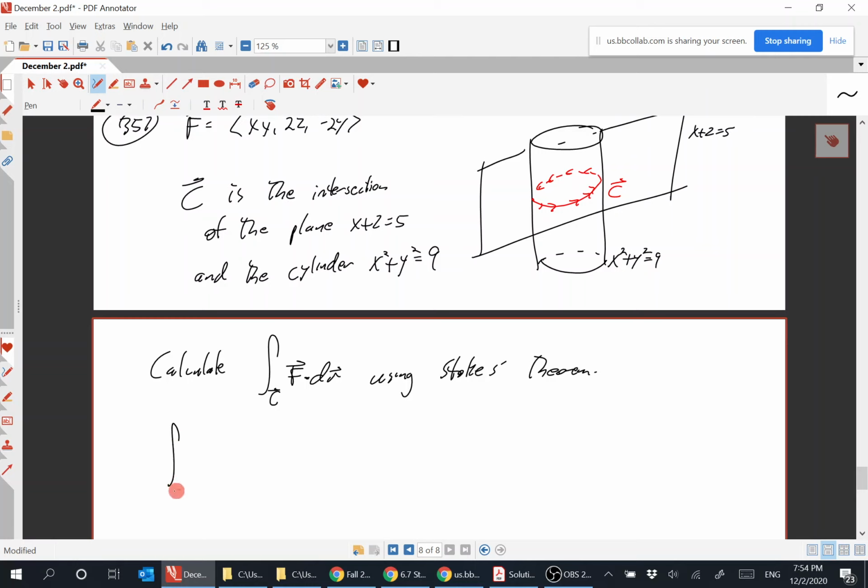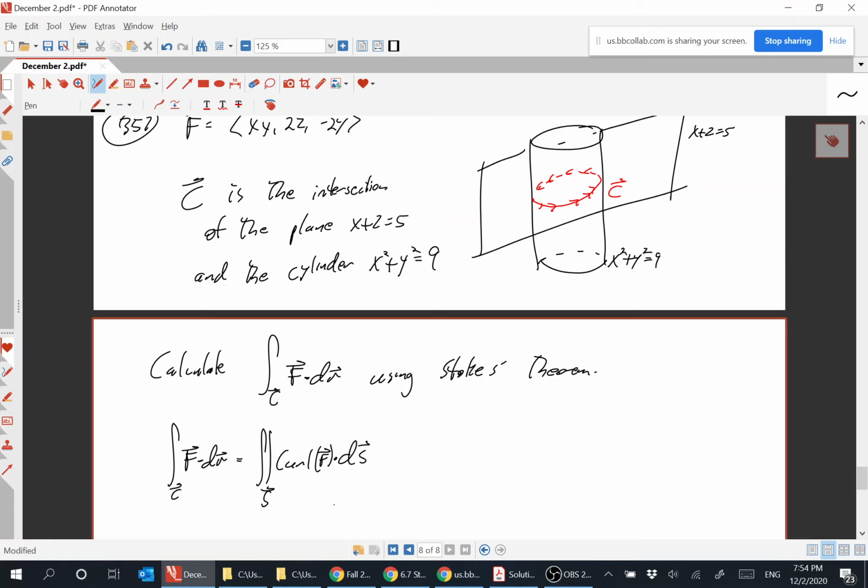So by Stokes' theorem, the line integral over C of F dot dr is equal to the surface integral of the curl of F dot dS, where S is the surface that's going to have C as its boundary.